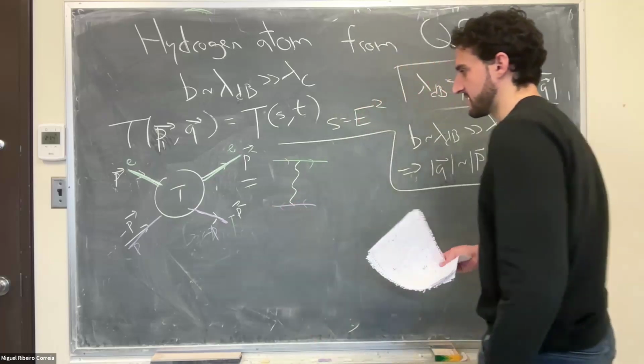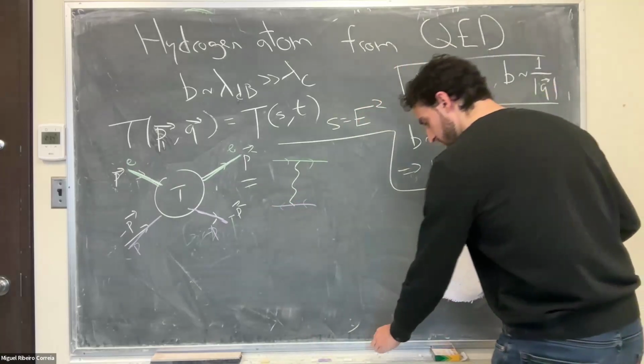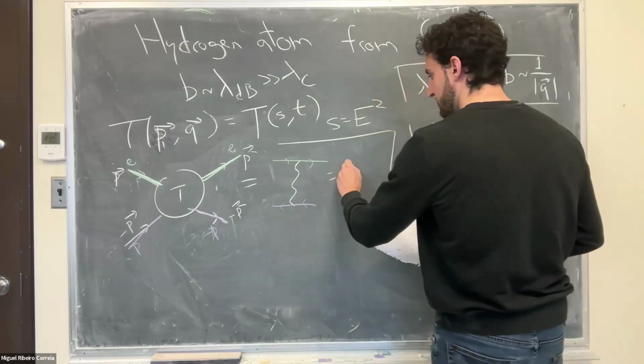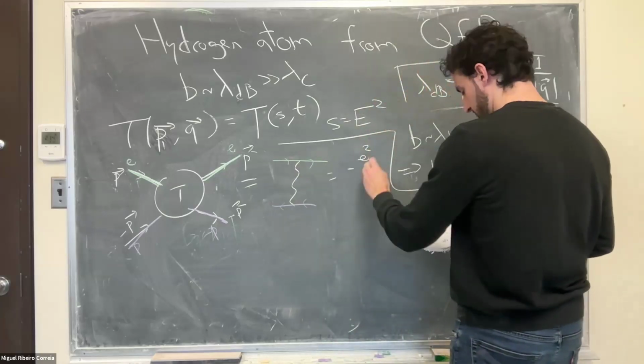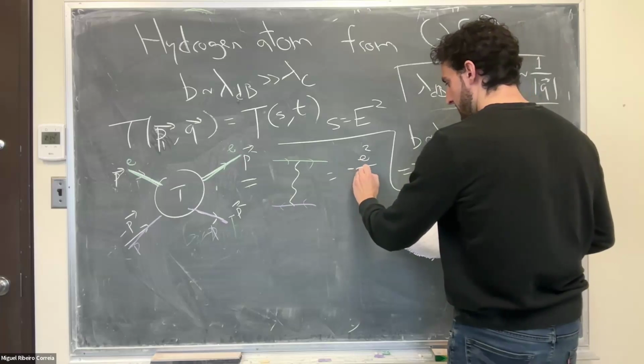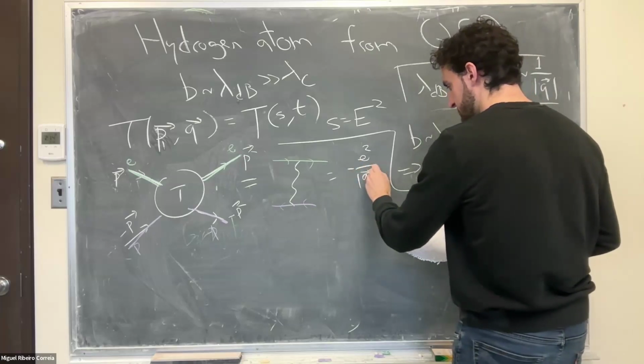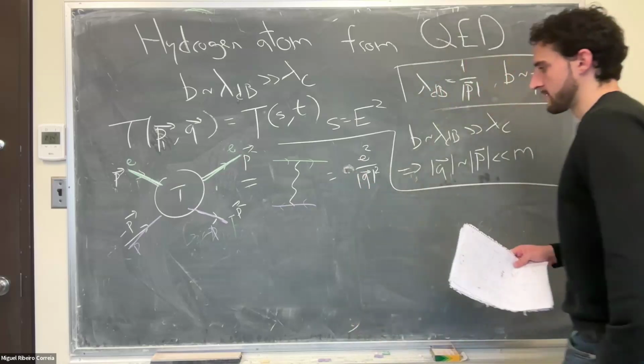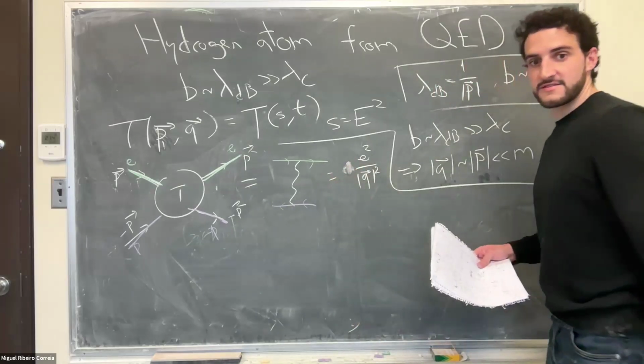Let's draw it with lines like this. And this is equal to, if the charge is e, minus e squared over Q squared. Actually, it's just a plus here. So this is the answer.